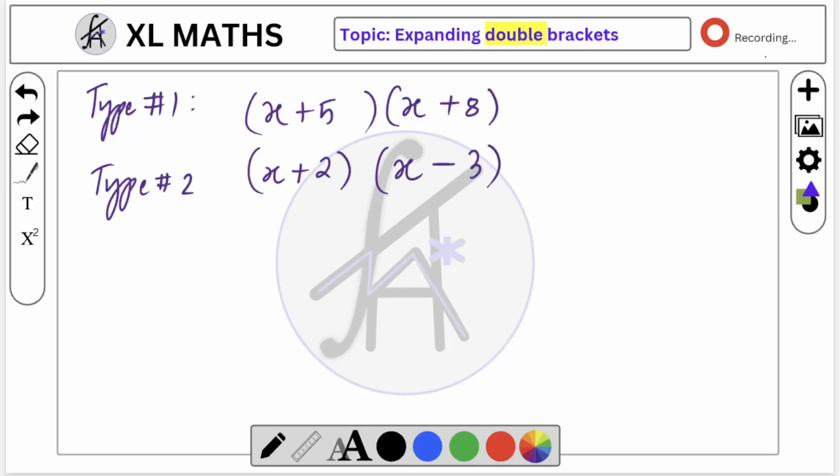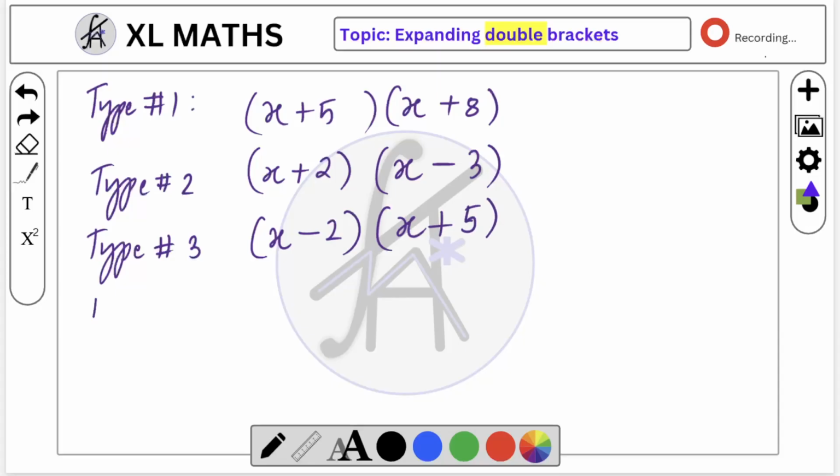The third type could be, these types are not technically the types, but just to ease the understanding and get good confidence, good practice, we are breaking it down like this. The third type, where we are having the first bracket negative but the other bracket positive.